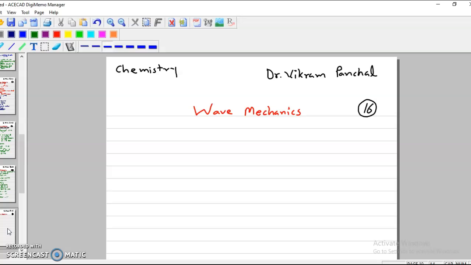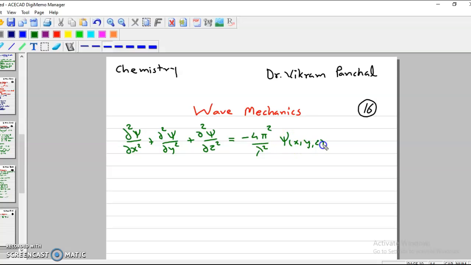For that we write partial derivatives: del squared psi upon del x squared plus del squared psi upon del y squared plus del squared psi upon del z squared is equal to minus 4 pi squared upon lambda squared psi(x, y, z), the three-dimensional function.